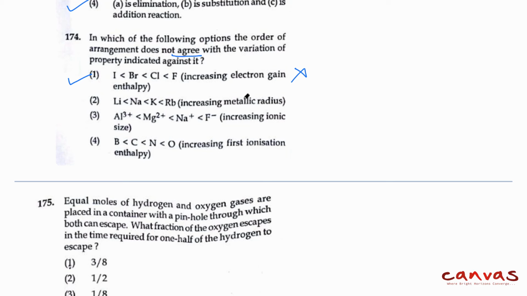Second, metallic radius: yes, going down the group, metallic radius increases. Third, increasing ionic size: yes, because we are moving from cation to anion. Fourth one is also the answer, because the actual order is boron, then carbon, then oxygen, then nitrogen. Nitrogen has higher ionization enthalpy because of its half filled subshell. So the answer will be 1 and 4.